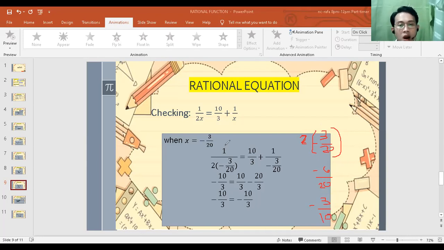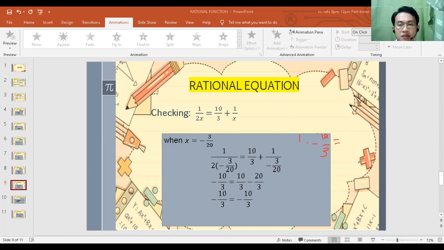And then as you can see, 1 all over the value of negative 3 over 10. So when you divide that, that's basically 1 divided by the value of negative 3 over 10. So in order for you to solve for that, let me clear that first. So that's 1 times negative 10 over 3, because it's the reciprocal.